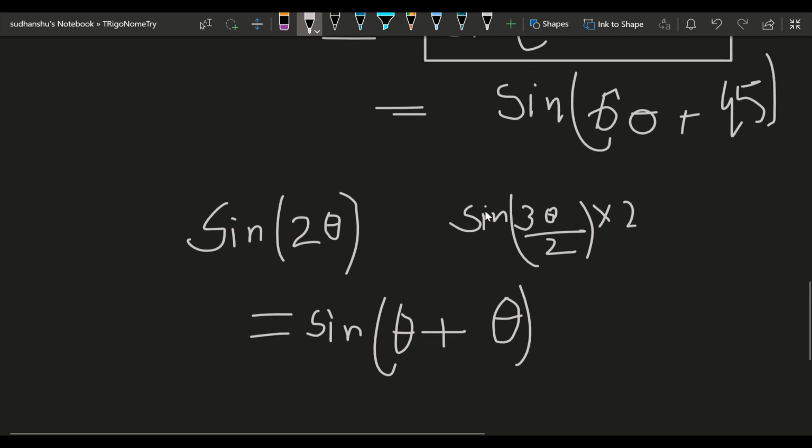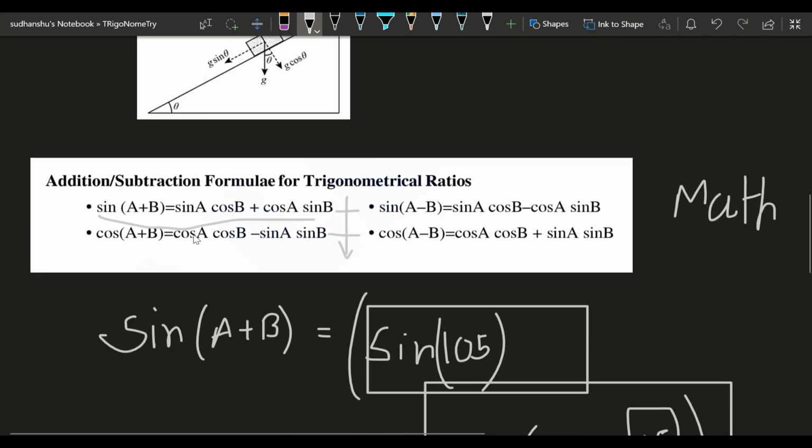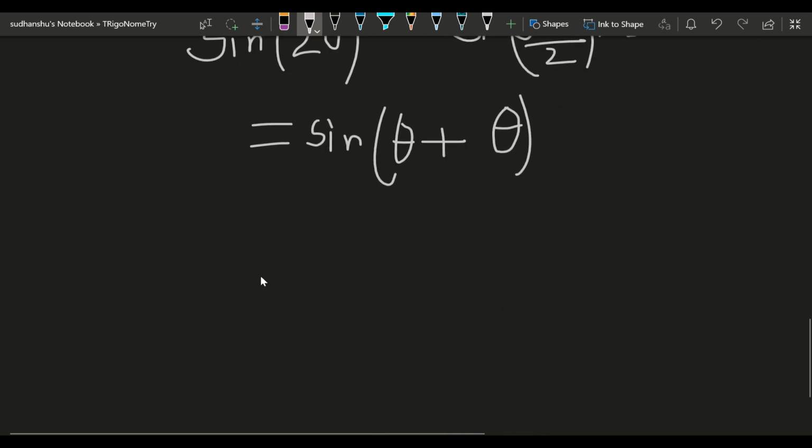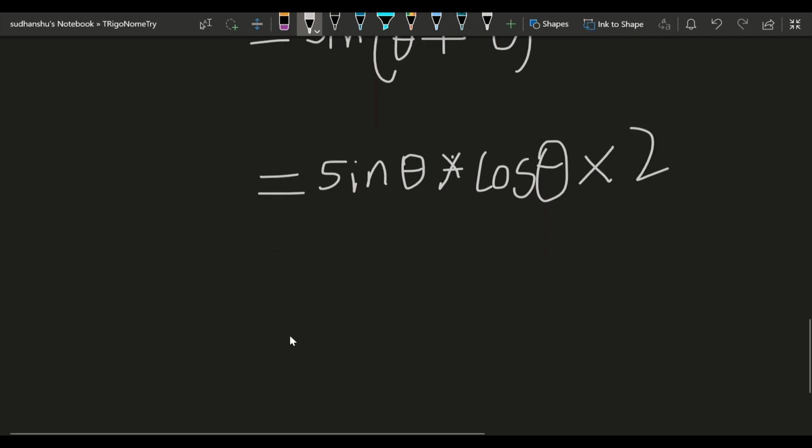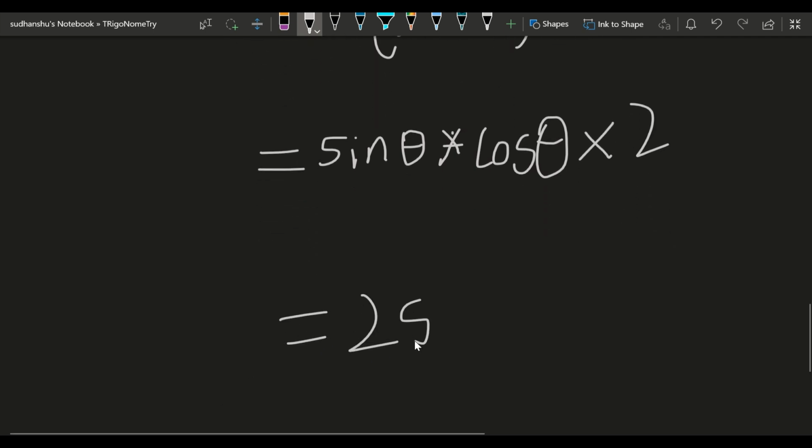If you work it like that and put the values here, sine theta cos theta plus cos theta sine theta, you can see that the formula comes out to be sine theta into cos theta into 2. So this is equal to 2 sine theta cos theta.